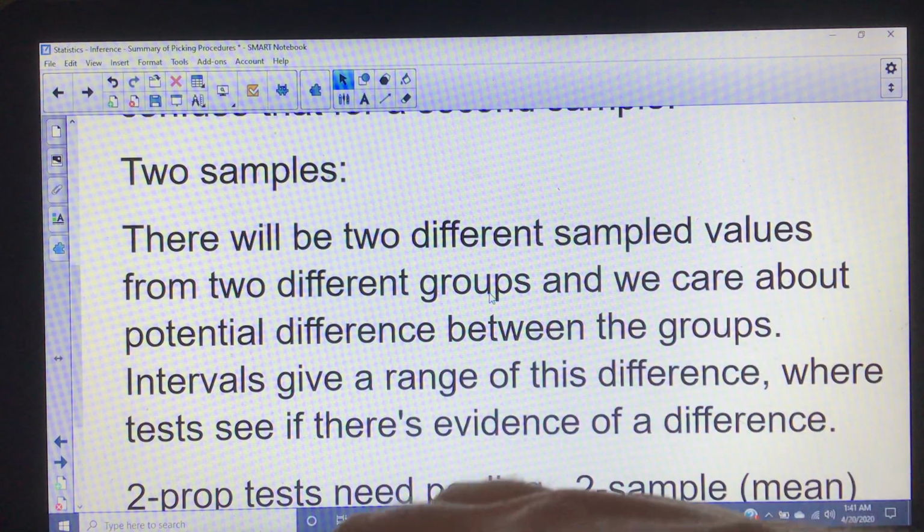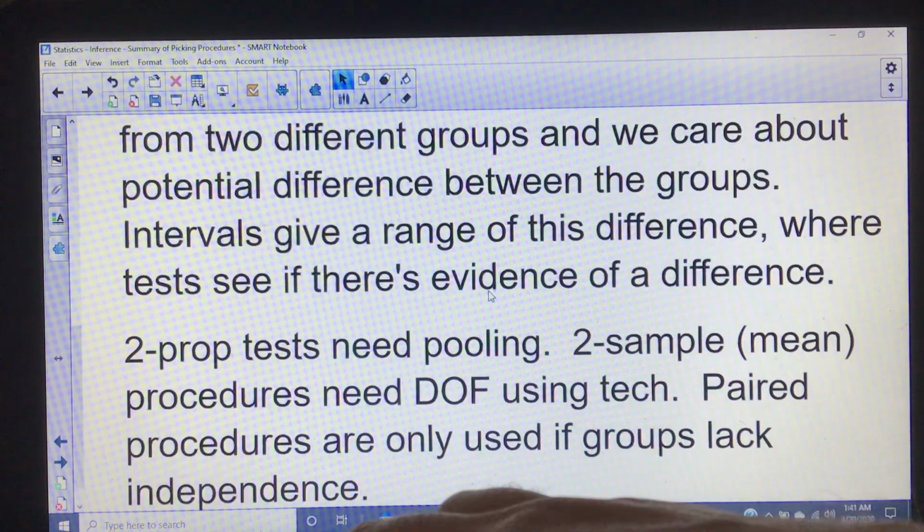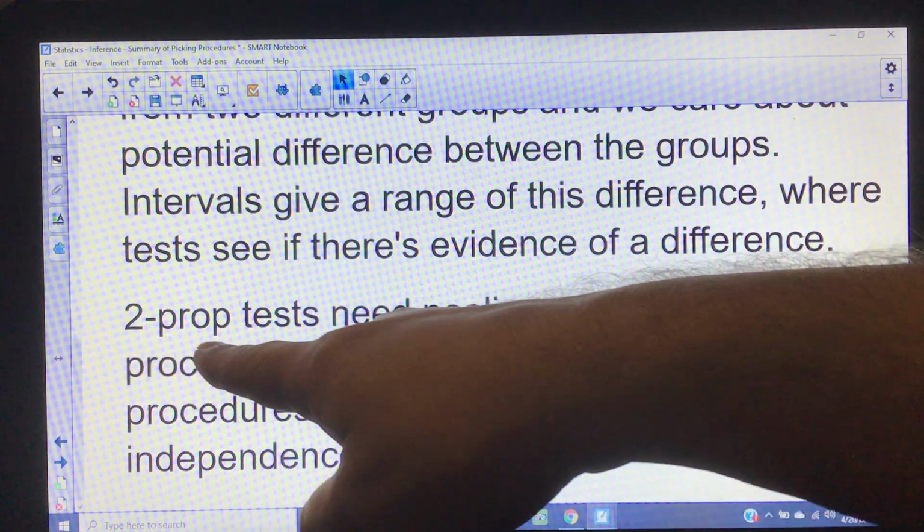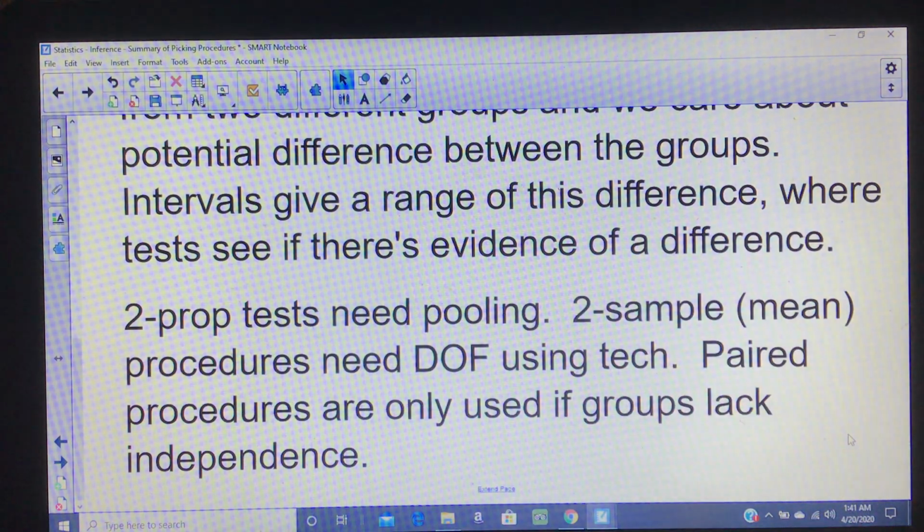Some things to remember when you're doing two sample procedures is if it's a two proportion test, and when I say two samples, I mean it could be two proportions as well in this case. So it's a little ambiguous, but realize the one sample, two sample here could also mean one proportion or two proportion. So two proportion tests need pooling. The calculator can actually do the pooling for you.